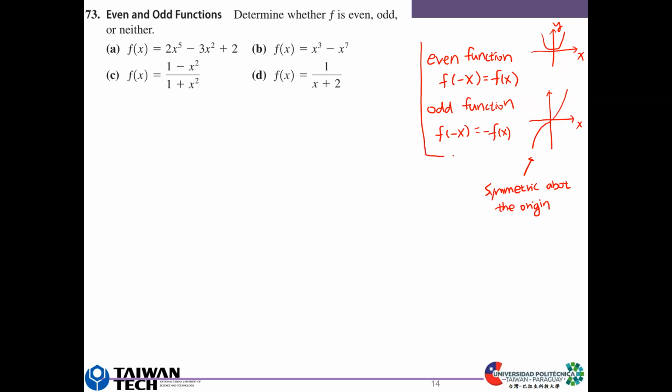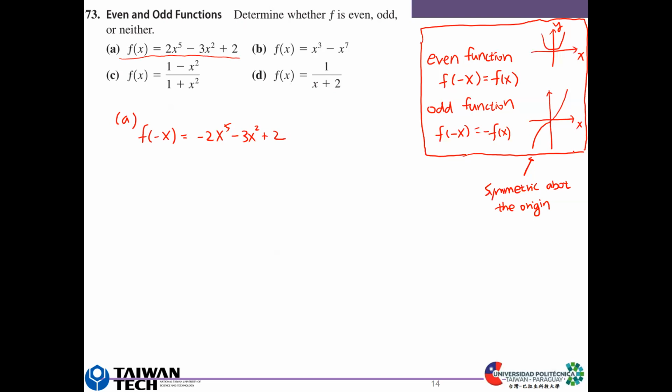Okay, so before we determine even and odd functions, we need to know what an even function and an odd function are. So we look at problem A. We make f(-x) equals minus 2x to the power 5, minus 3x squared plus 2.